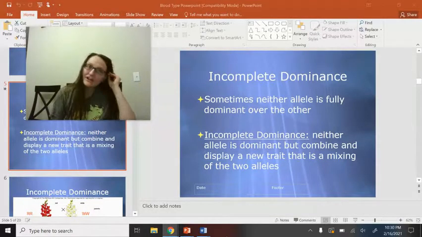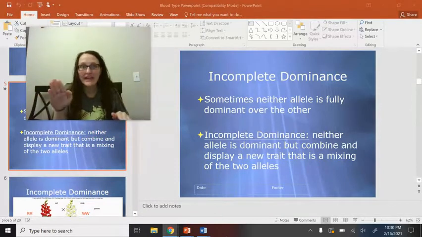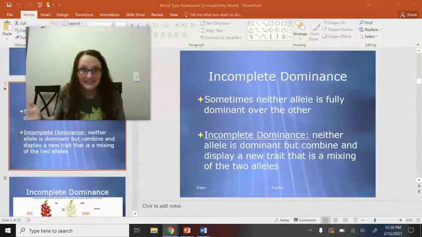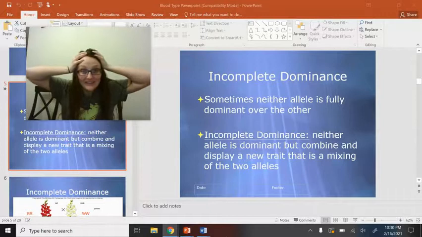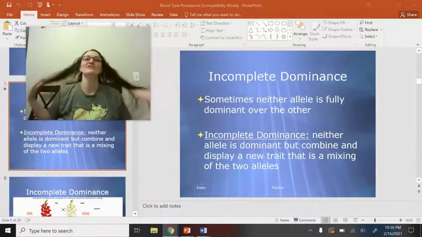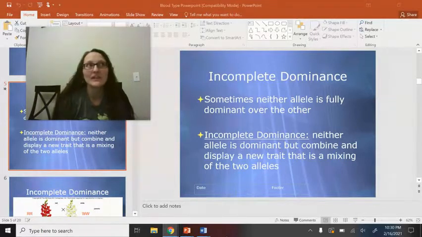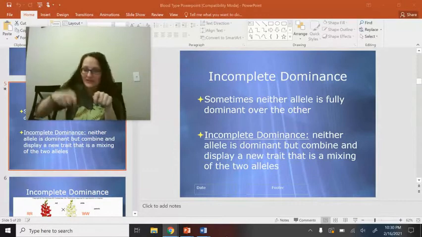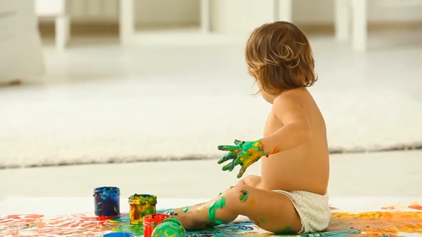All incomplete dominance is, is when you take red and white and mix them together and you make pink. And when you're 3 or 4, you feel like, I discovered a new color. Or the first time you discovered that blue and yellow make green, right? Like when you were painting when you were little and you took your brush and a little bit of this and a little bit of that, whatever color they made together.